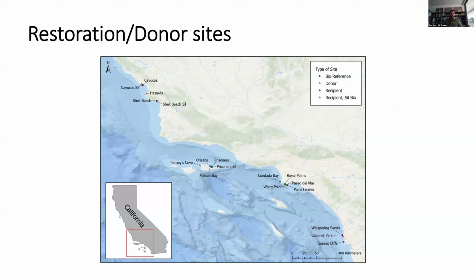For the restoration sites, we identified numerous locations based on relevant criteria, which included a number of factors. The extent of the habitat, with a goal of at least 30 linear meters of habitat available for restoration, the amount of suitable substrate, so how much hard natural rock was there versus maybe boulders or sand, less suitable habitat.